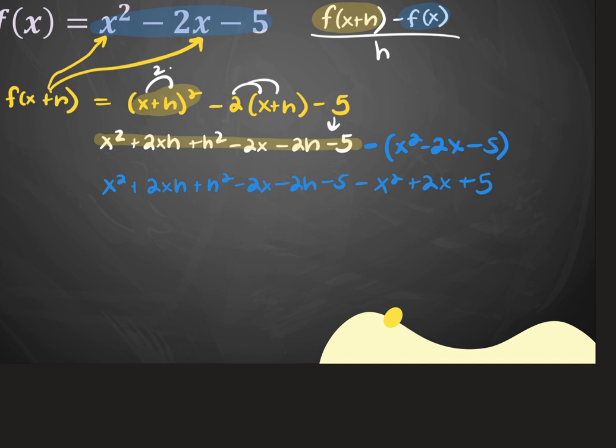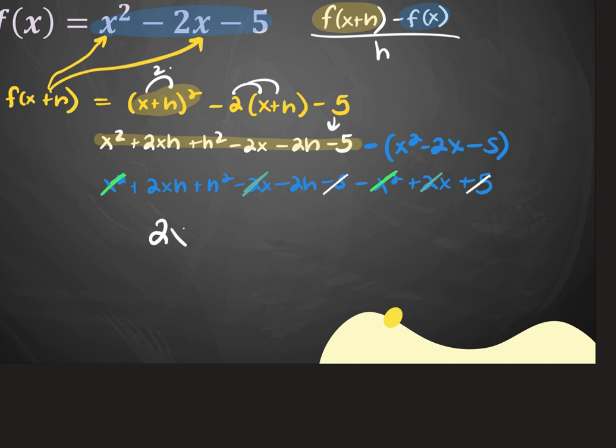Now, if you did it correctly, everything that doesn't have an h should cancel out. I have a positive x squared and a negative x squared. I have a negative 2x and a positive 2x. And I have a negative 5 and a positive 5. Again, if you've done it correctly, every term that's left should have an h on it.